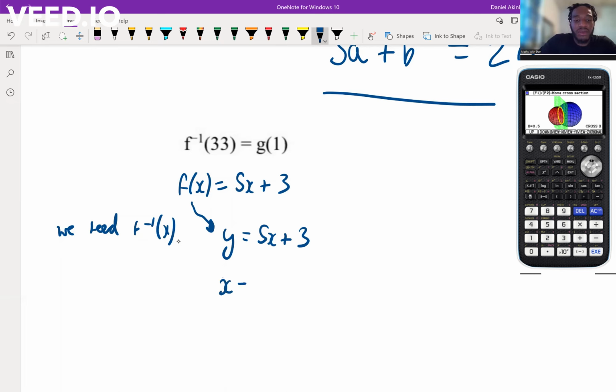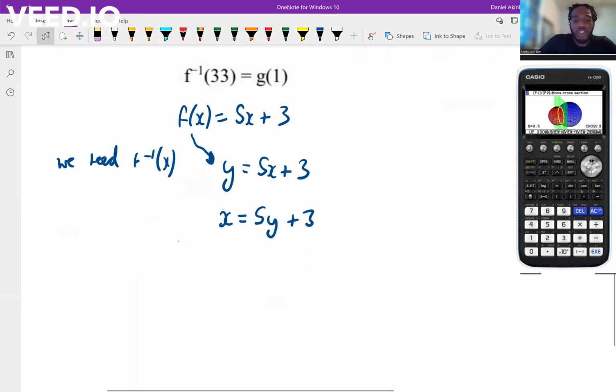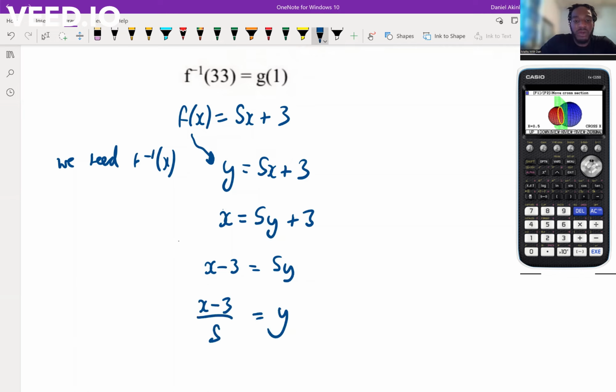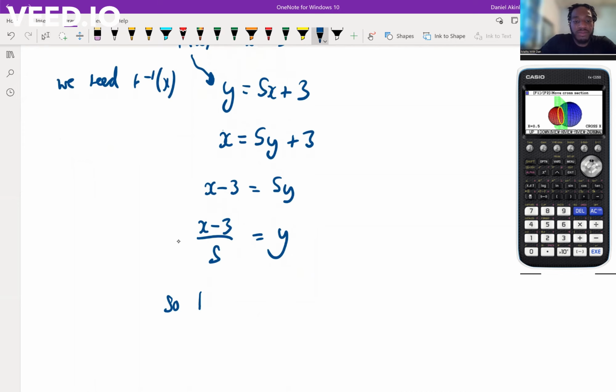So I'm going to say x is equal to 5y plus 3. And then to get your inverse function, you just make y the subject of the formula. So in this case, it's going to be x minus 3 is equal to 5y. And then x minus 3 over 5 is equal to y. So your inverse function is equal to x minus 3 over 5.